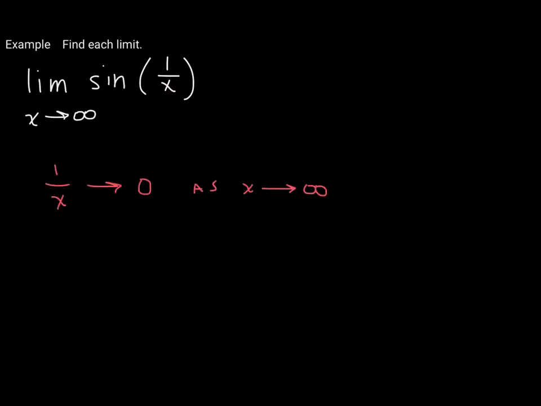So we know 1 over x is approaching 0 as x values tend to positive infinity. Therefore, this limit is equal to 0, because we know how the sine function behaves near 0. Your function values are approaching 0.